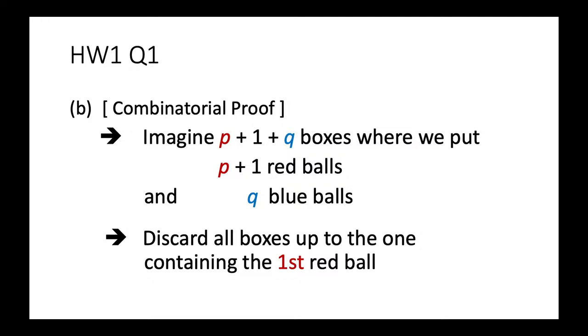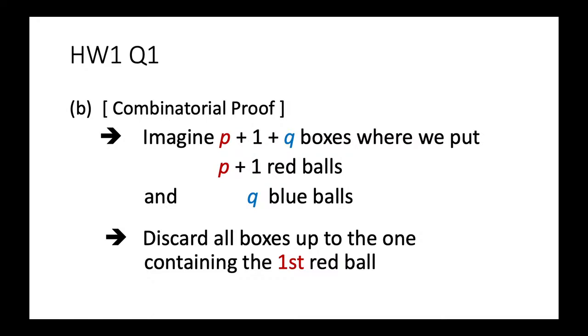After discarding, what do we get? We get a particular permutation with exactly p red balls and at most q blue balls.